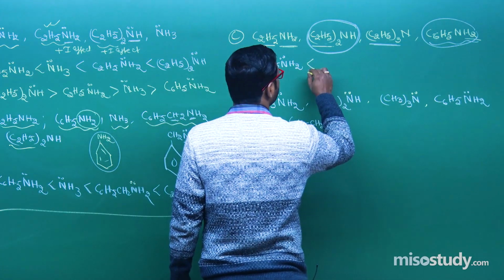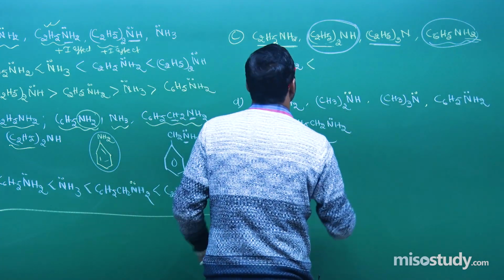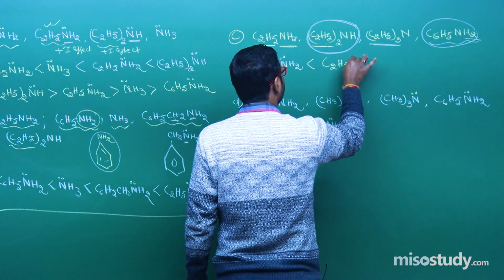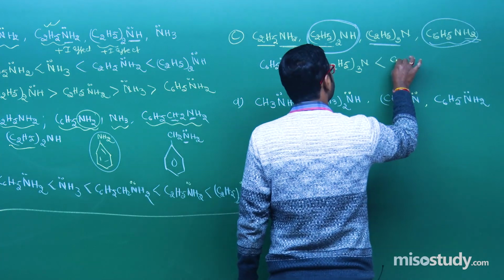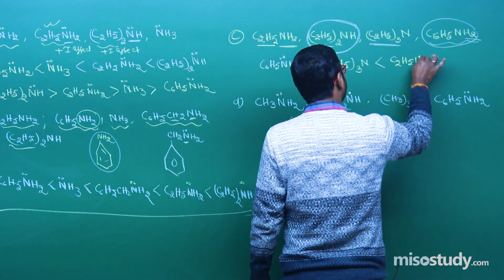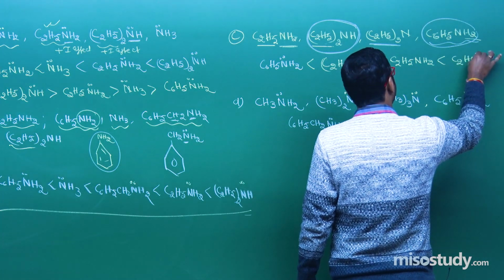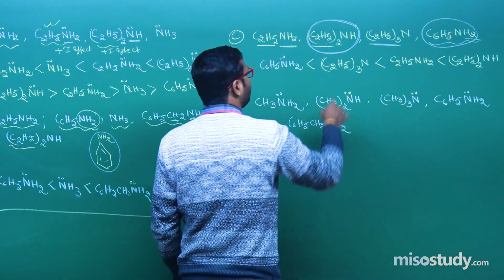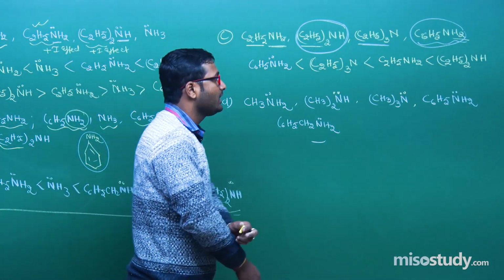Then there come (C2H5)3N, then C2H5NH2, then (C2H5)2NH. Because there is steric hindrance, due to this reason, and it depends on which conjugate acid is more stable.